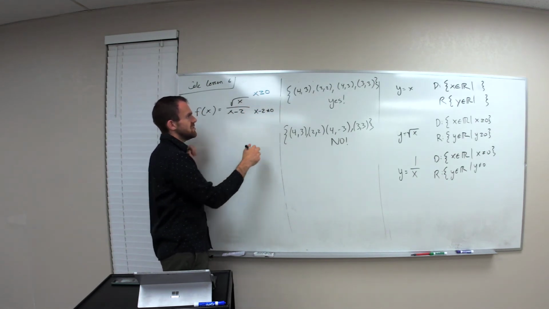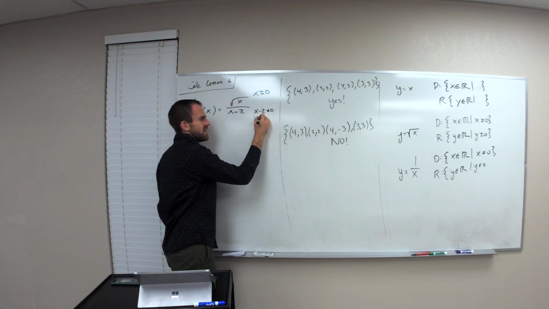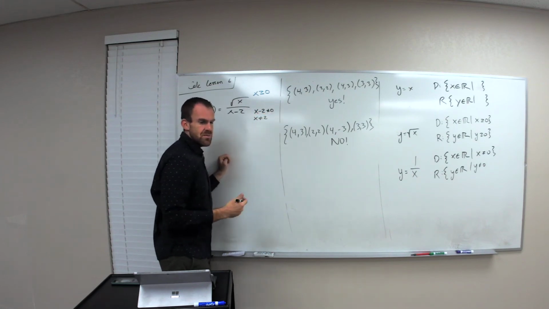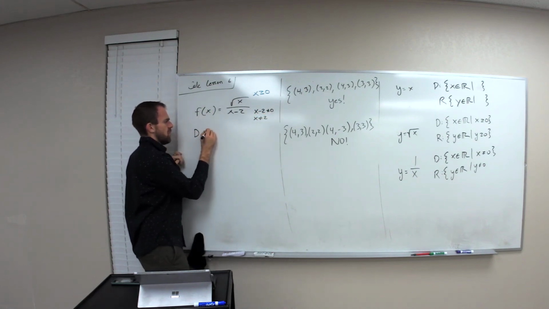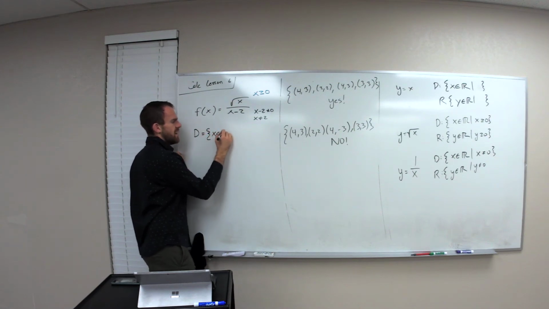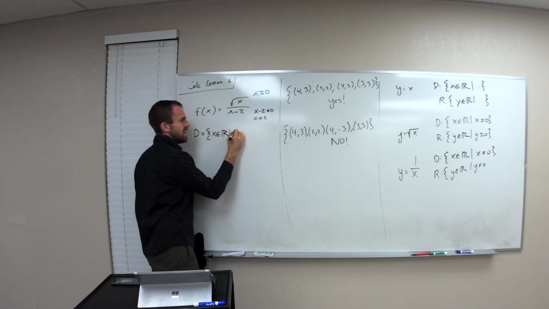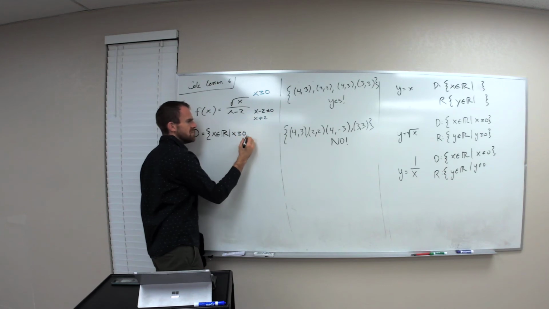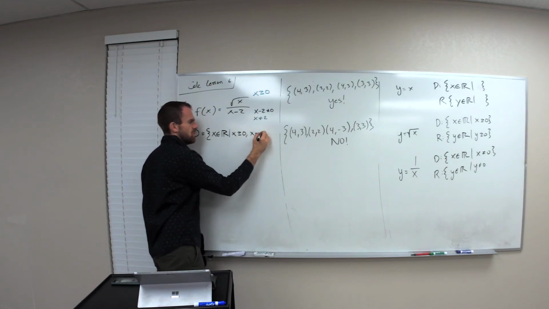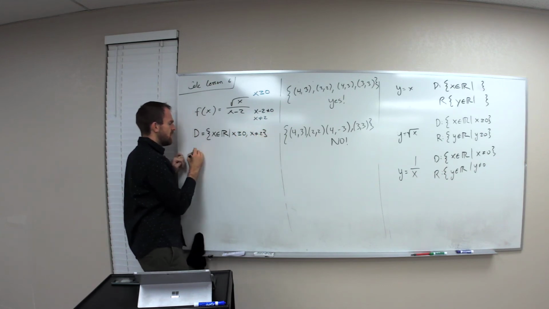Now, let's solve these two. x is greater than or equal to 0 and x cannot equal 2. So my domain is going to be that x is in the real numbers and x must be greater than or equal to 0, but cannot equal 2. What about my range?